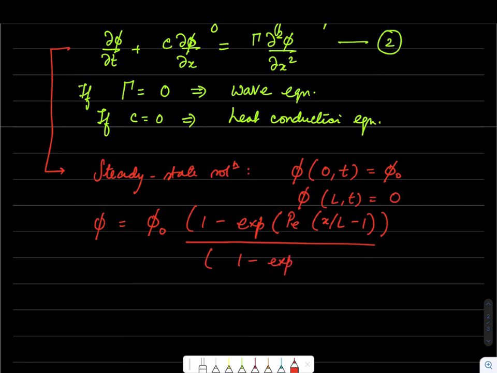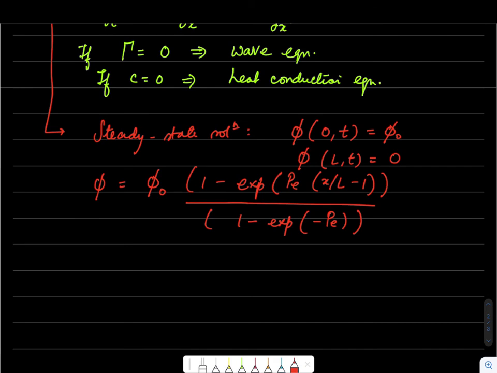And this time we will have a new parameter, which is Pe, known as the Peclet number, which is given by phi naught L by gamma. The Peclet number we'll see more and more.